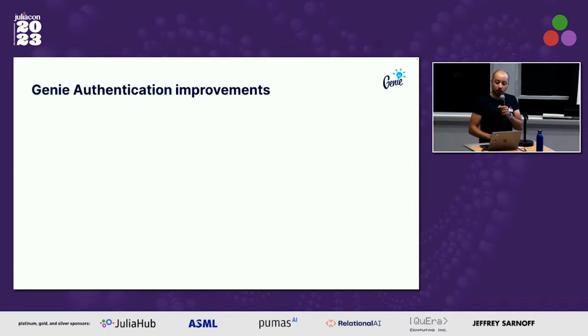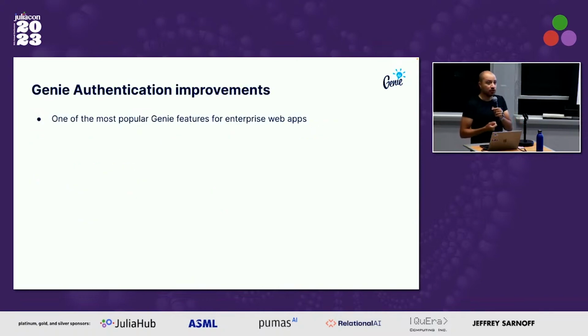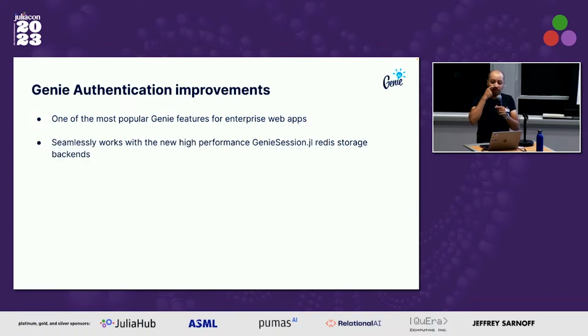Another request that is very popular among Genie users, especially in enterprise applications, is authentication. We have improved the authentication plugin, since we have made some improvements to the GenieSession.jl package by adding other storage options that increase performance, such as Redis storage backends.